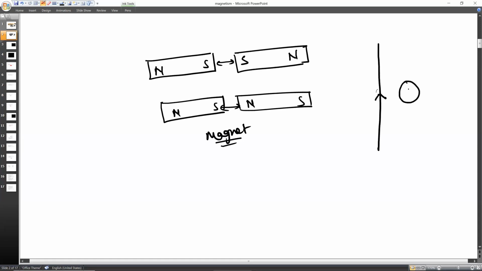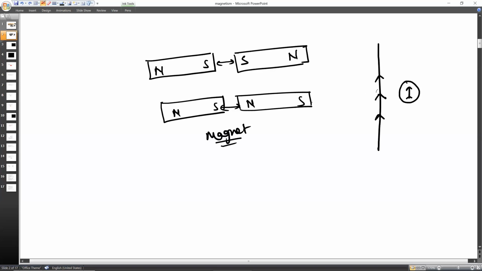Or if you place a needle made of wood, the wooden needle is not deflected, because wood is not a magnet. So if we place a magnetic needle and we change the current in the current carrying conductor, only the magnetic needle is deflected when a current carrying conductor is brought near it, and when we change the current, it is deflected. It means that it is the magnetic field that a current carrying conductor is producing.